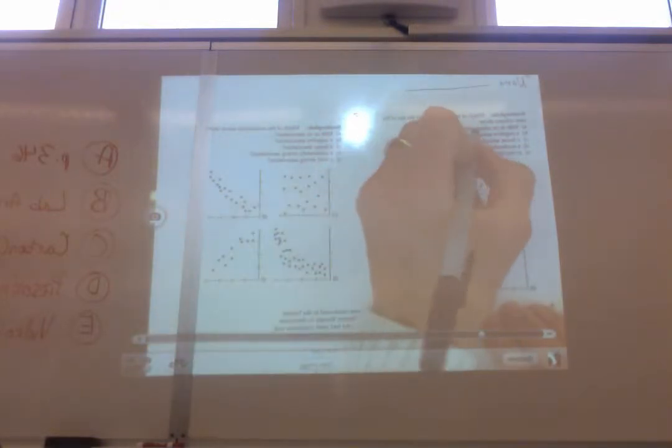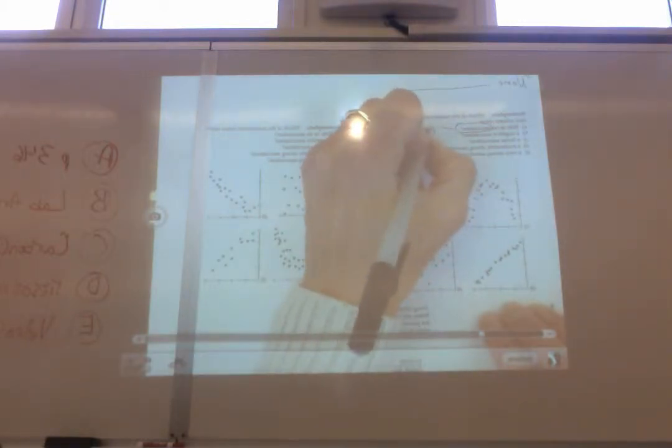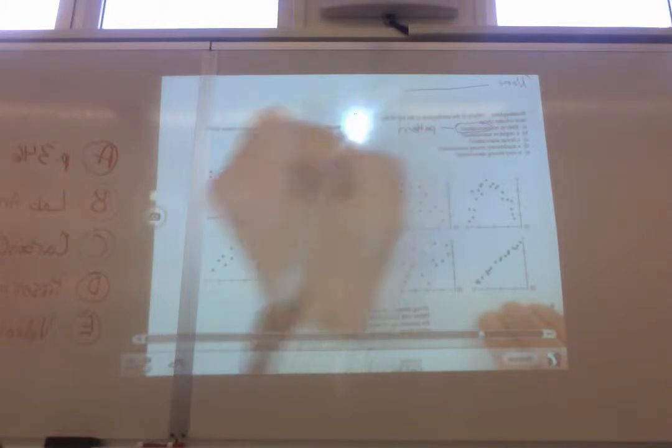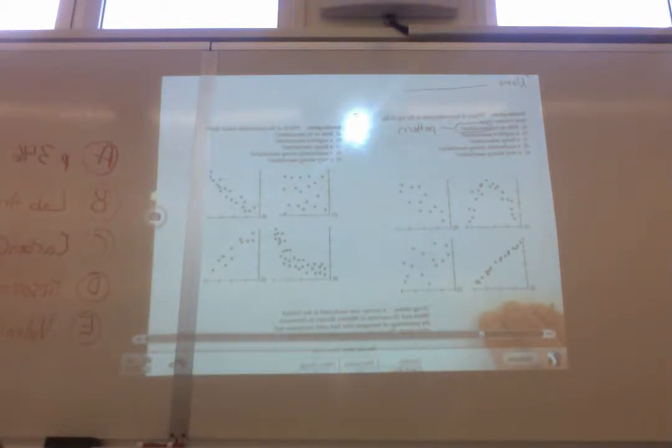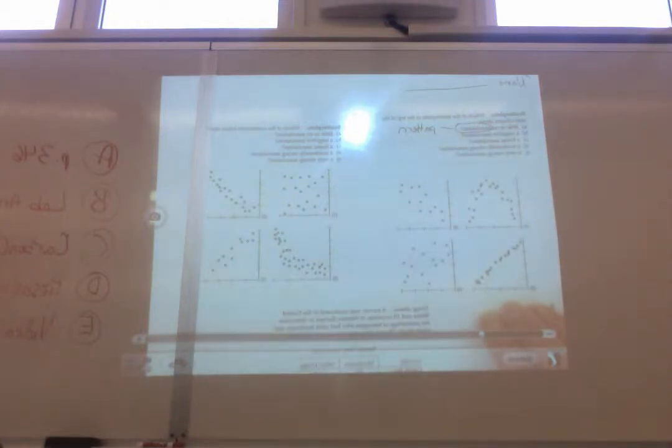Okay, first of all, association is a fancy word for pattern. So let's say pattern. Mark your paper, please. You're going to see the word association a lot here. Association means pattern. Which of the scatter plots shows little or no pattern in the dots?